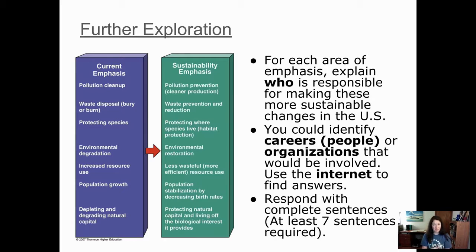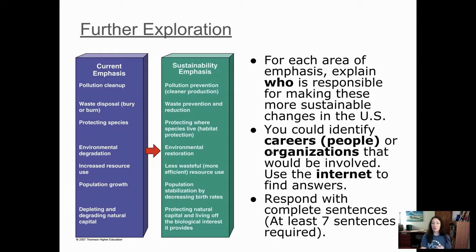So for this specific one, for each of these areas of emphasis, I want you to explain who is responsible for making more sustainable changes in the US. So focus on the US for now. In terms of going from just cleaning up pollution to preventing pollution, making cleaner production, what are some of the careers that are responsible for doing those sorts of things?